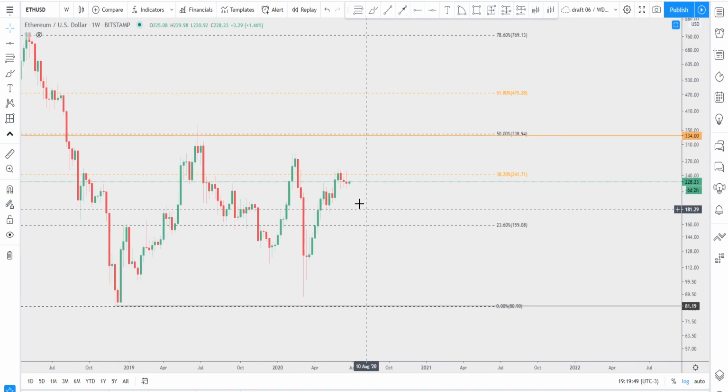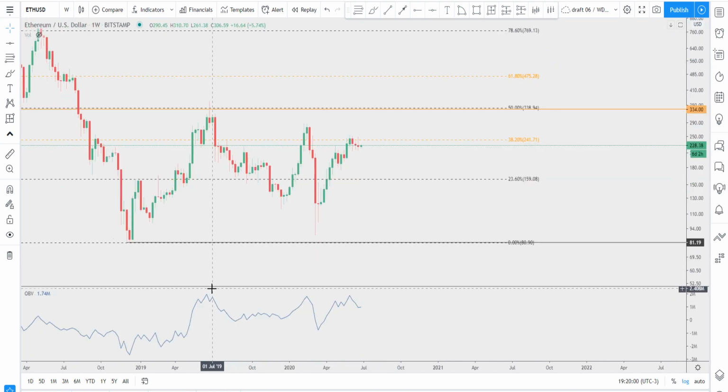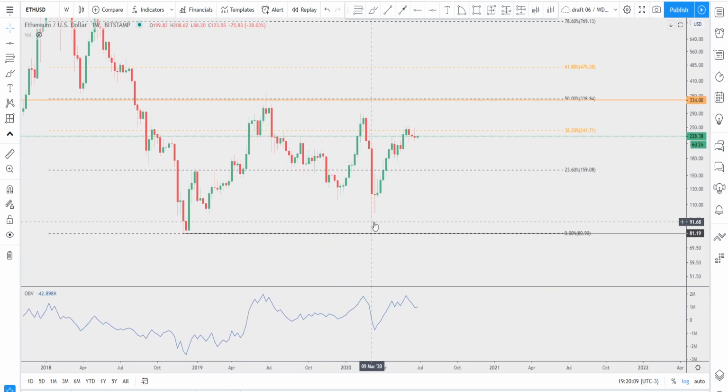So we had a few bad candles here, but the bulls are still buying all the way down. And a thing that we are looking for, we don't have any divergence at all. But we have very strong moves on Ethereum always. So Ethereum is very, very bullish.